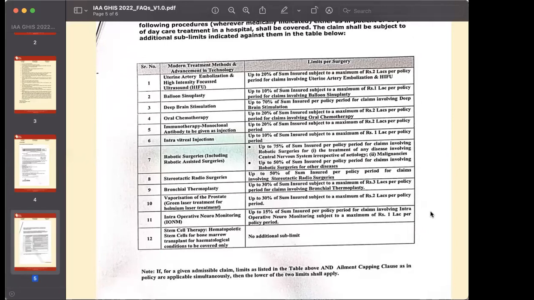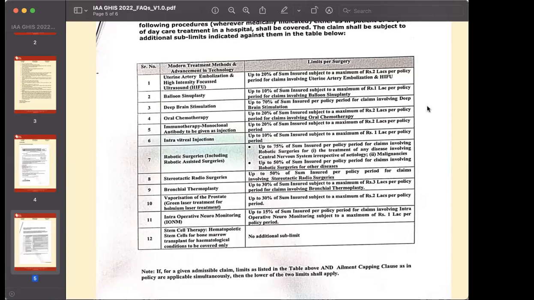Just for an example, balloon sinoplasty is covered till 10% and deep brain stimulation is covered till 70%. We have looked at many group insurance policies in the market right now and tried to negotiate one of the best rates. So these modern treatments, the sum insured limits, are only the exclusion ones.